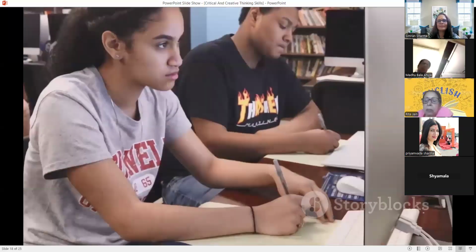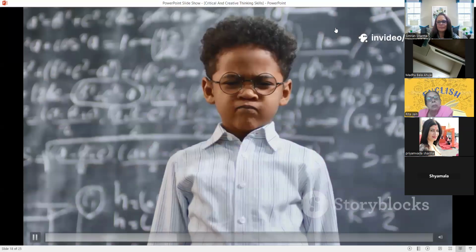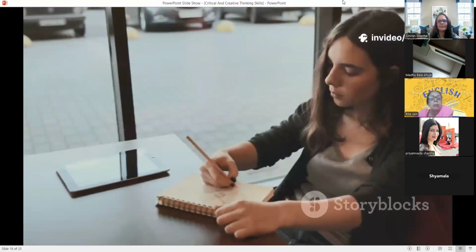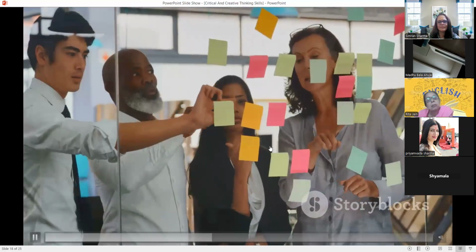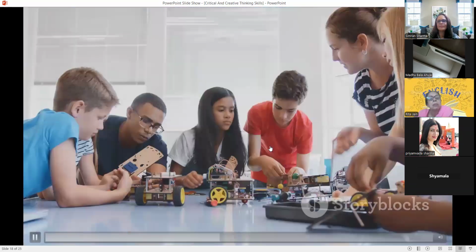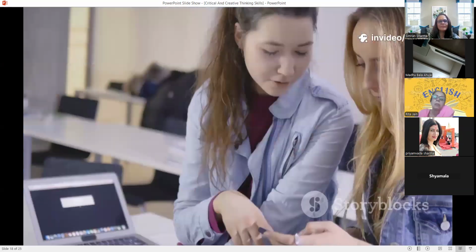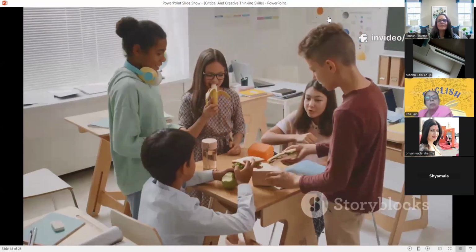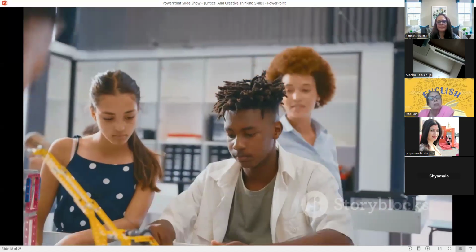It's about sorting facts from opinions and making smart decisions, even when things get complicated. But don't stop there. Creative thinking is about imagining the possibilities. It's brainstorming wild ideas, connecting dots in new ways, and daring to solve problems nobody's ever solved before. Think about the people who invented TikTok, electric cars, or even that weird snack combo everyone's obsessed with. They all used a mix of critical and creative thinking.